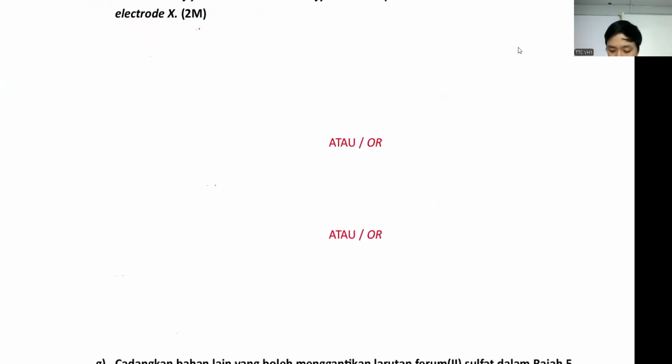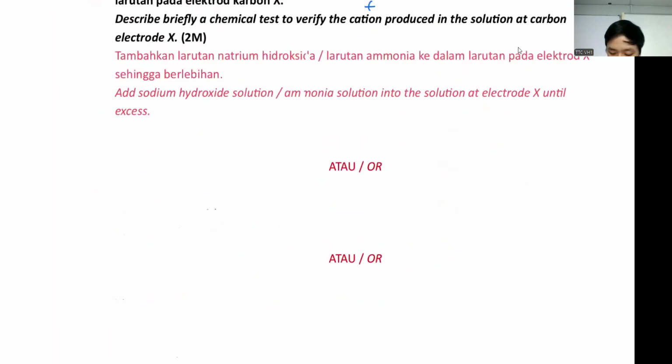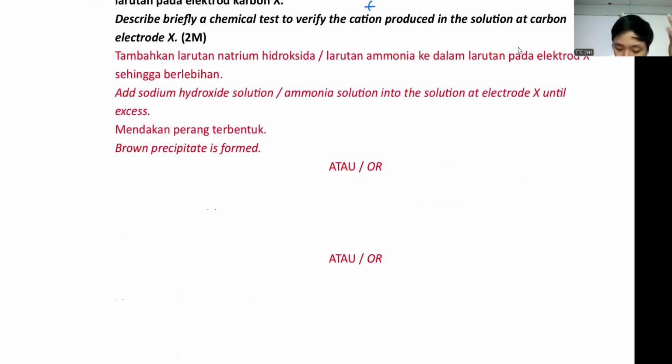The first method, you can add either NaOH, sodium hydroxide, or ammonia solution, also can. Both you get the same result. You add excess, then you get brown precipitate formed.